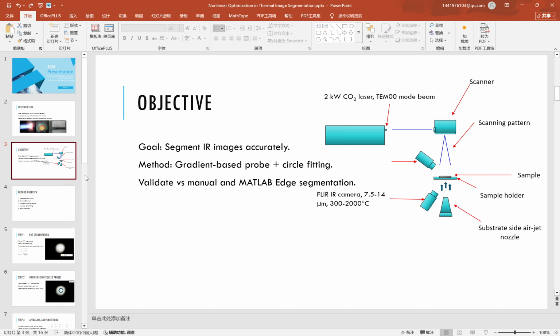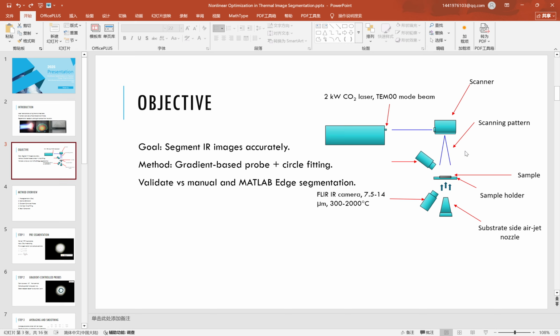Yes, that's it. Before that, I think something still needs clarification. We have a 2 kilowatt carbon dioxide laser, whose beam is generated and heats the scanner above here. We use a laser lens to generate a scanning pattern over the sample itself, heating the sample surface.